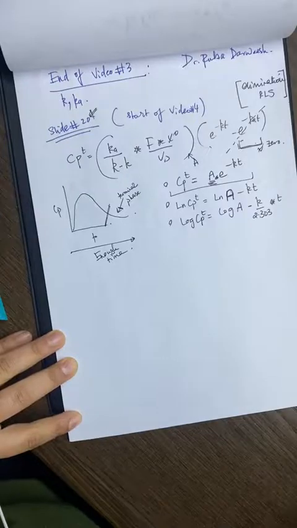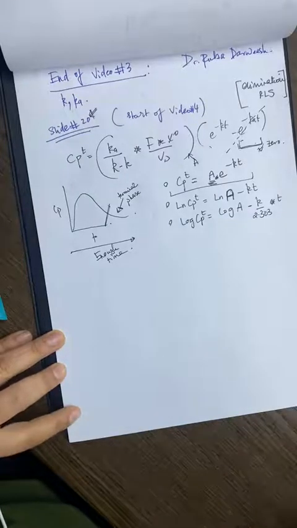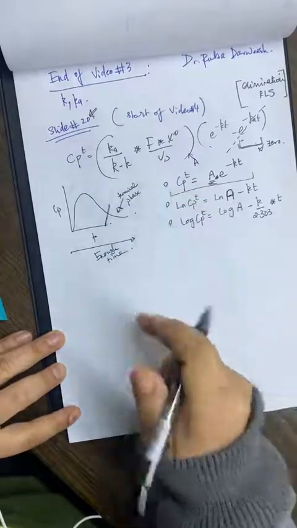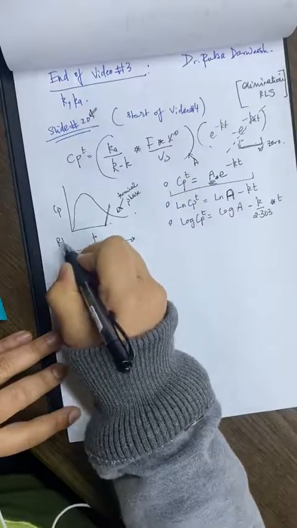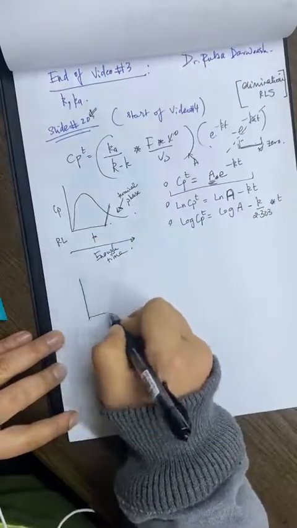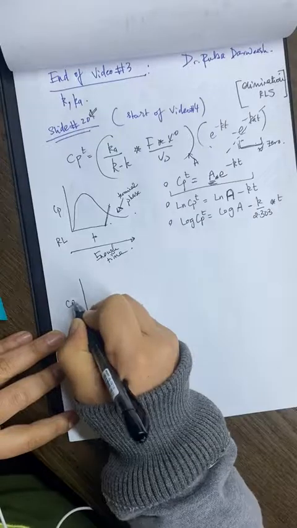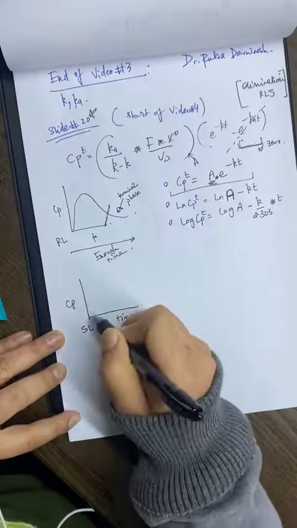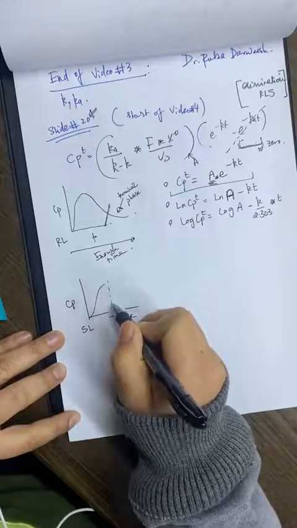If we have the profile of those, which is this on rectilinear, you can have this on semilog as concentration versus time, and it will be curved.